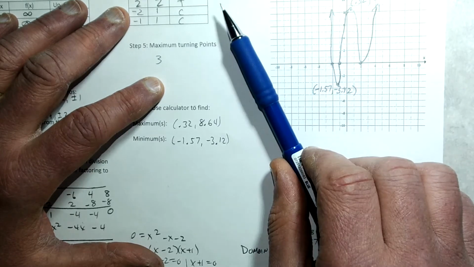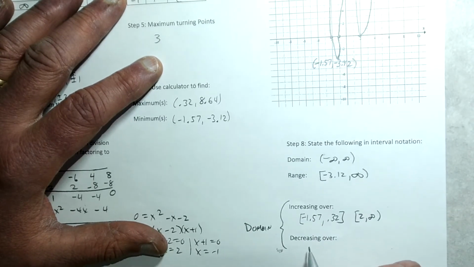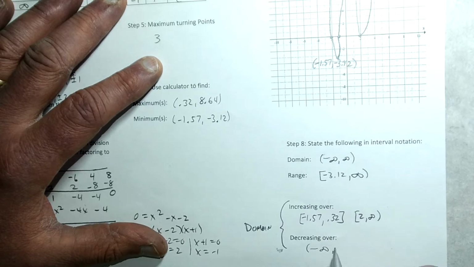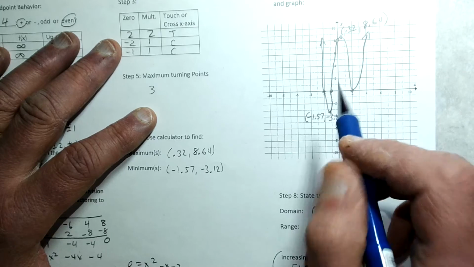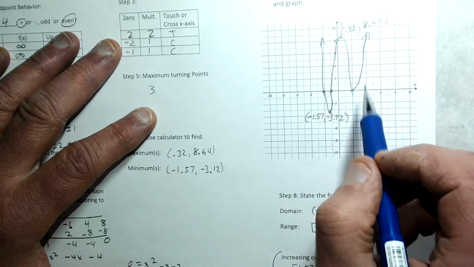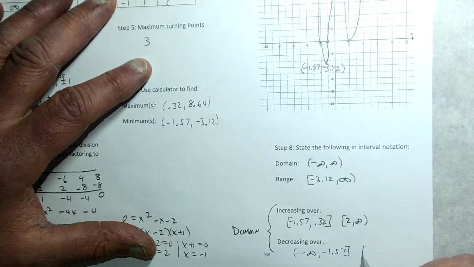And so all the way back to negative 1.57 would be a decreasing interval. So I'm going to say from negative infinity to negative 1.57, I have a decrease, and there's another decrease right here. So that's going to be from 0.32 to 2, from 0.32 to 2.